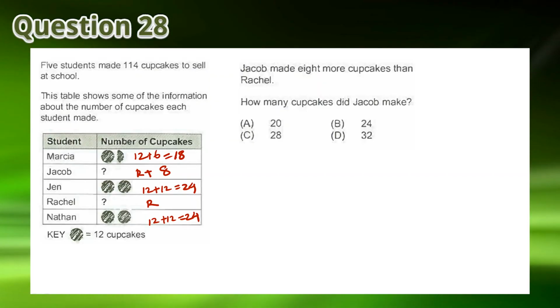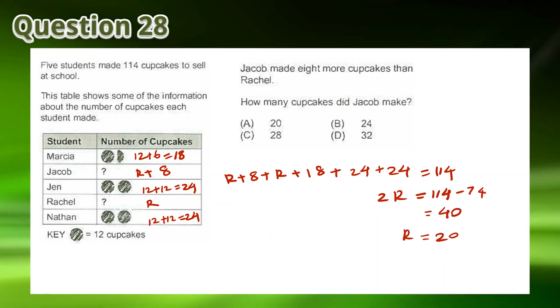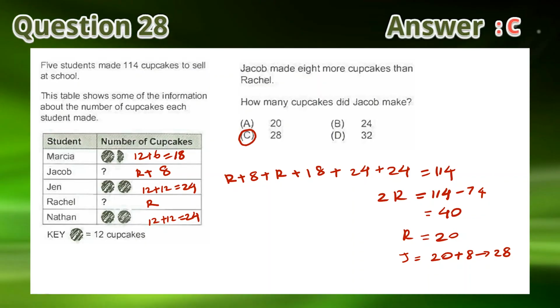Since the 5 students made 114 cupcakes to sell at the school, we can make an equation where the total amount of cupcakes is equal to 114. We get that Rachel, which is denoted as R, is equal to 20. Since Jacob has 8 more cupcakes, he will have 28 cupcakes. So the answer is C.